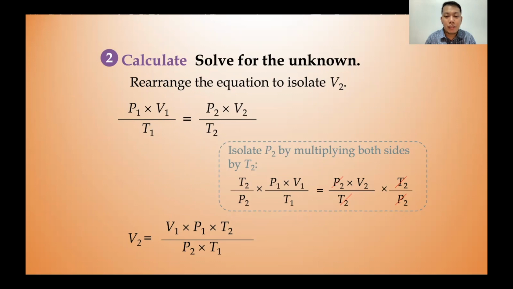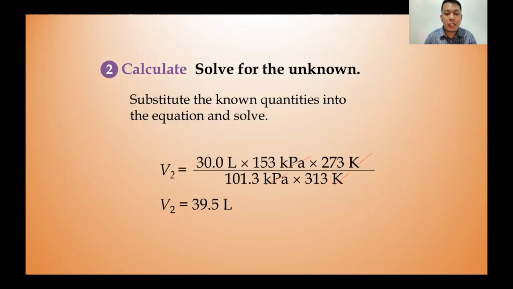And then after that you have your formula of V2 is equal to V1 times P1 times T2 over P2 times T1. After that you have to substitute the known quantities into the equation and solve. So you'll have an answer of 39.5 liters.